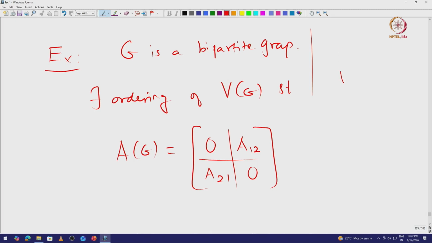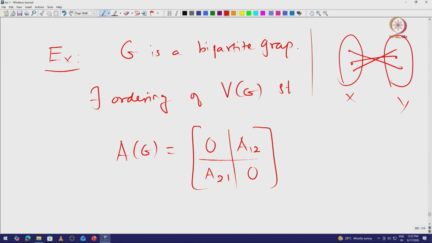You have this X and this Y, and you have only edges from X to Y. Because of that, the number of edges between the vertices of X are all 0. Again, the number of edges between vertices of Y are all 0.